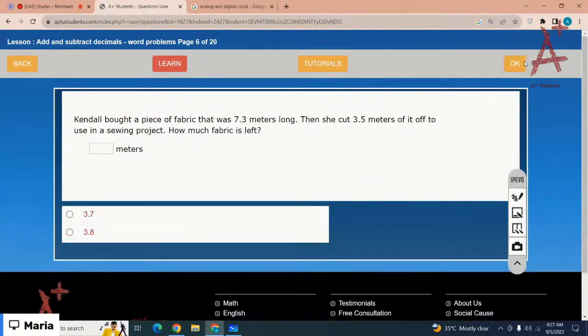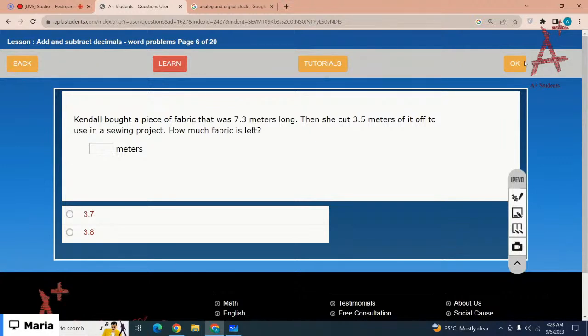Kendall bought a piece of fabric that was 7.3 meters long. Then she cut 3.5 meters of it off to use for a sewing project, right? So earlier the fabric is 7.3. She used 3.5. You have to see how much fabric she has left. So what you have to do, you have to subtract, right? Just subtract 3.5 from 7.3.